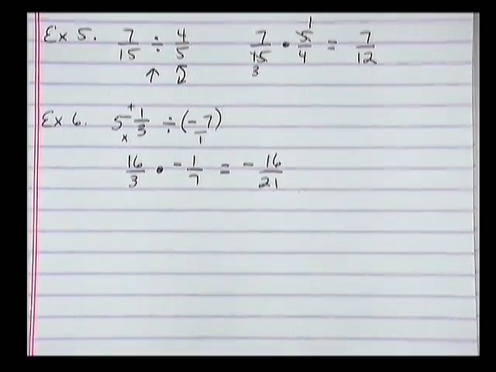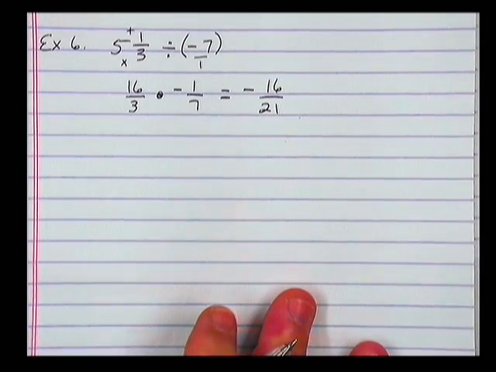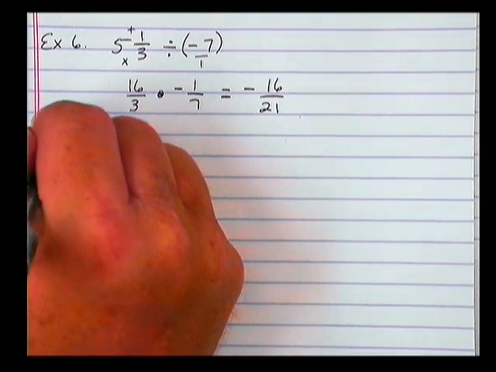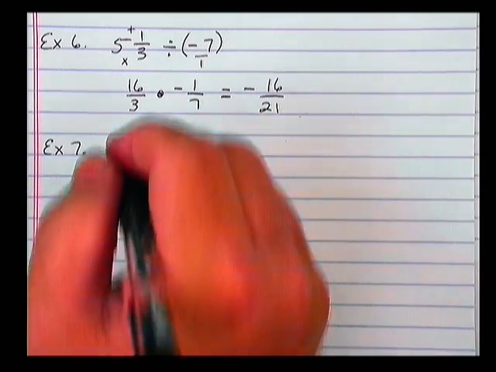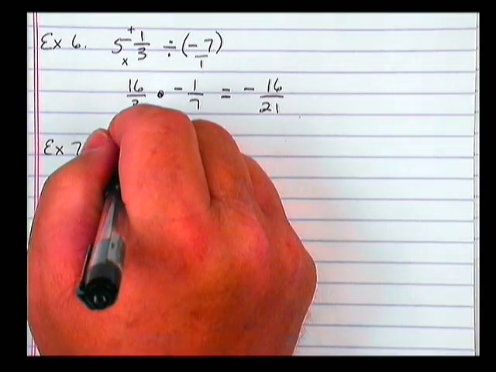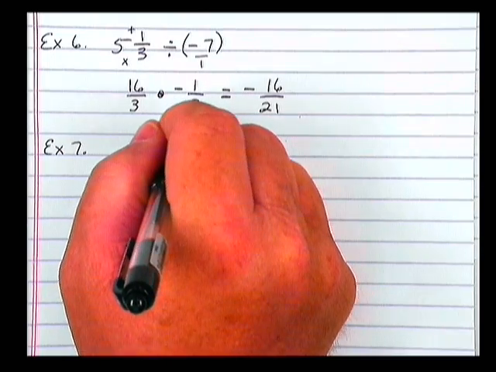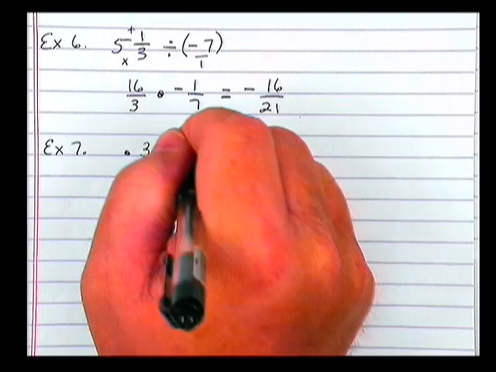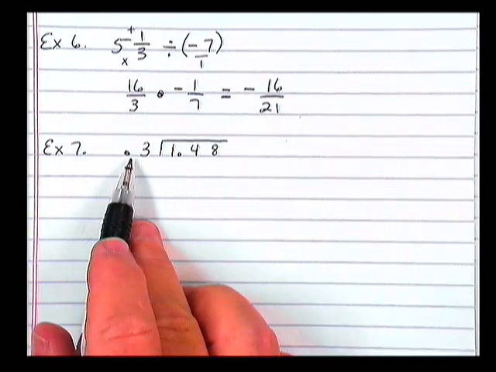Okay, now the last example is example 7. And this is dividing decimals. With dividing decimals, all you're going to do is move the decimal so that you get a whole number out in front.